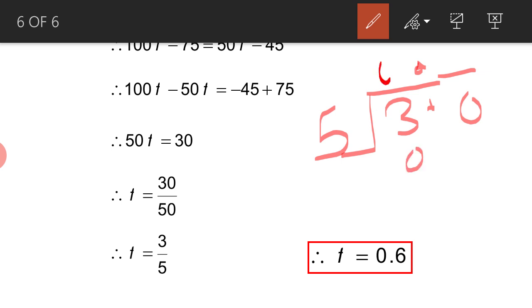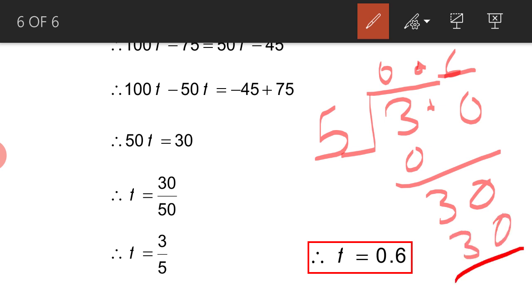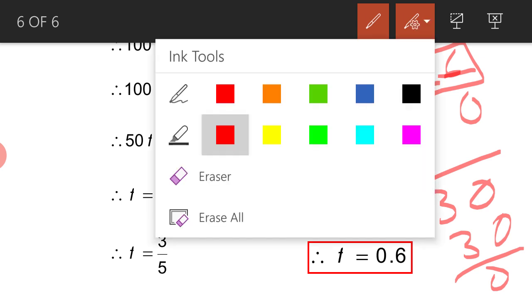Now 3 zeros are 0, so we will have 30; 5 sixes are 30, so you will get 0. So what is the quotient here? 0.6. Are you getting it, children? If you are not remembering this kind of decimal division, please revise this concept. So f is equal to 3 by 5, that is equal to 0.6, and that is the final answer.